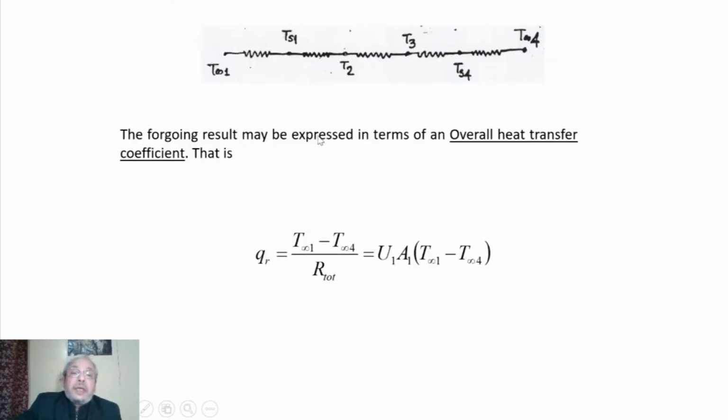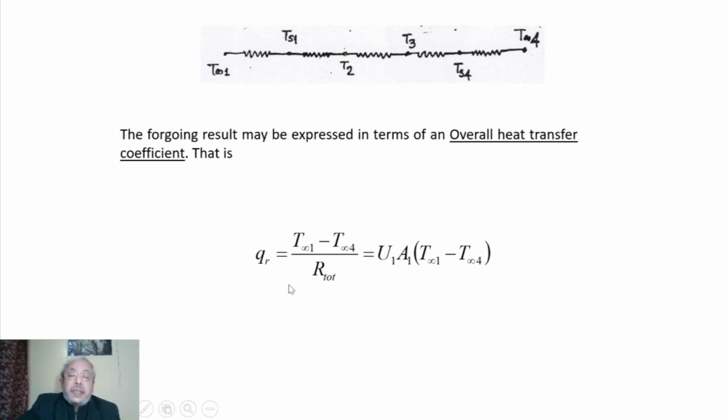So the foregoing result may be expressed in terms of the overall heat transfer coefficient. Just like the convective heat transfer coefficient, we can coin an overall heat transfer coefficient term, which is given by U1 A1 into T infinity 1 minus T infinity 4.